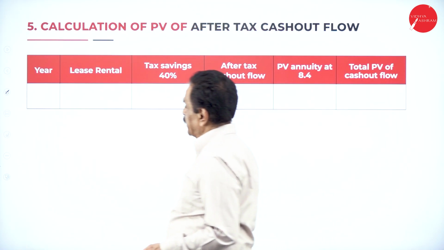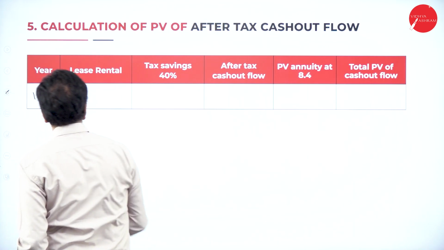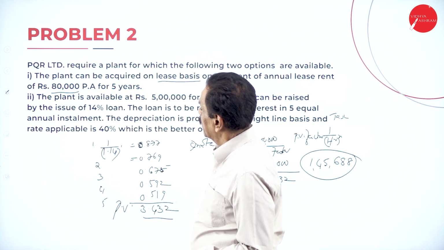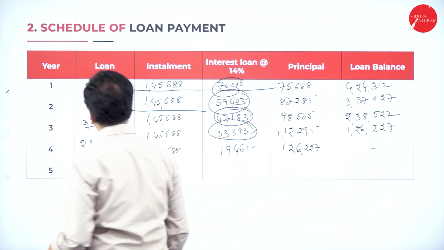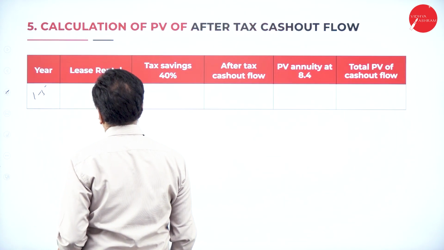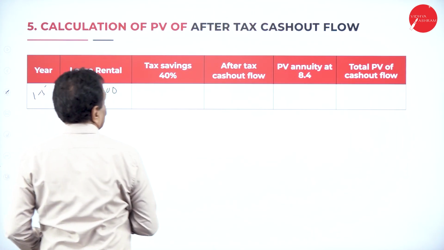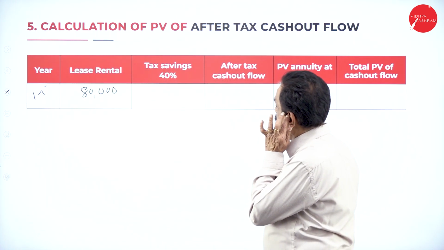Then lease rental, 1 to 5 years. Lease rental, how much does he pay? See the rental. Lease rent is 80,000. Calculation of lease rental.